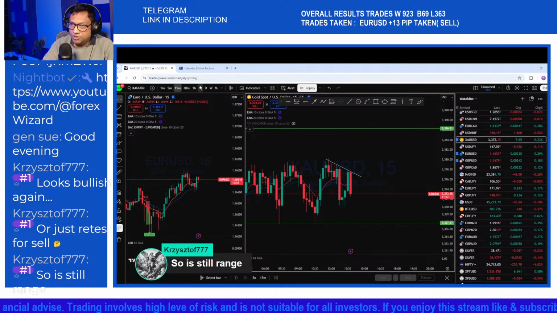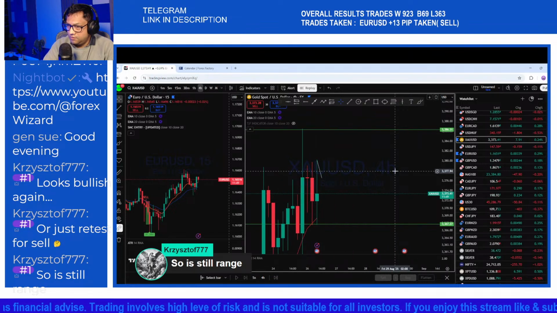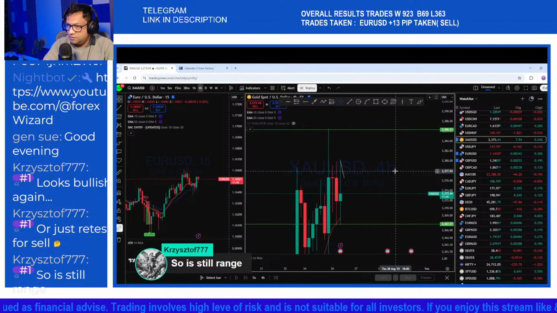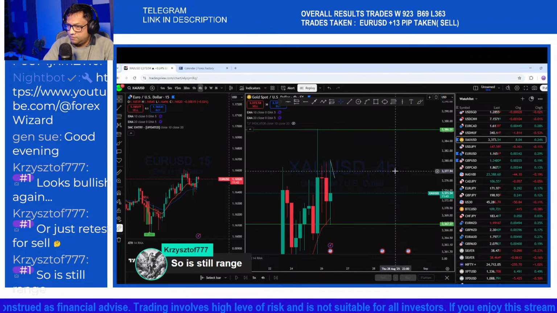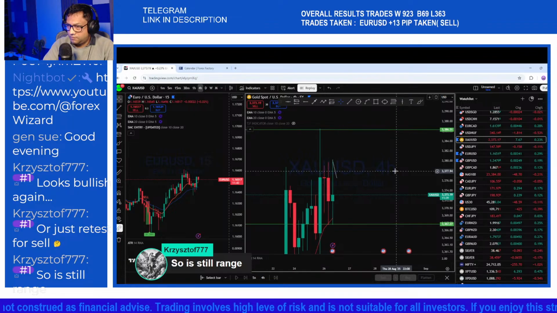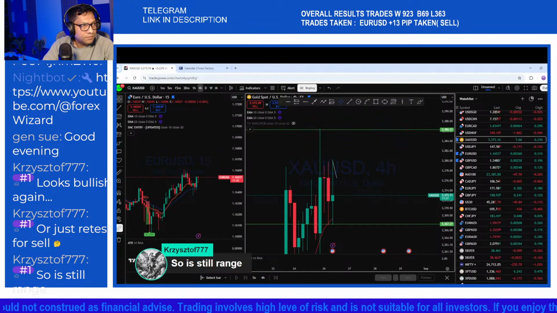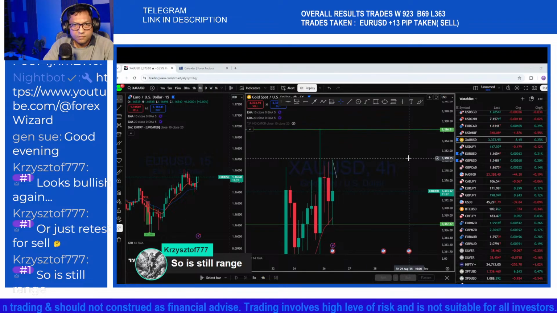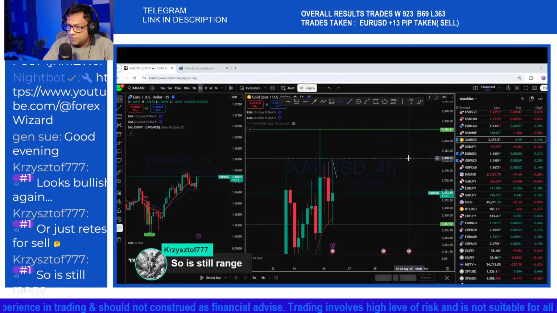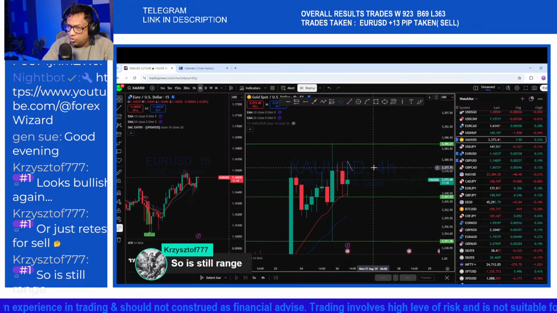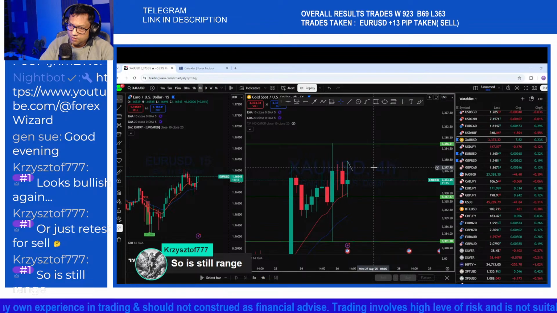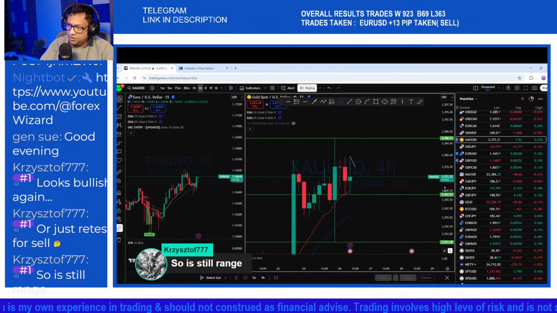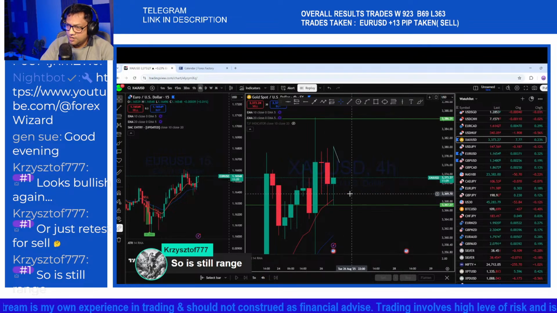As we discussed, that range on the 4 hour, depending on how this candle closes, we'll see how the market creates the structure here in that area.